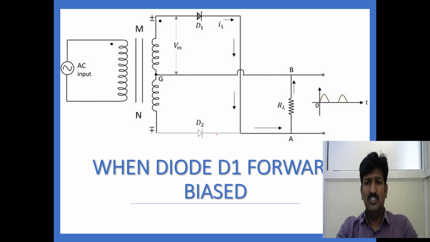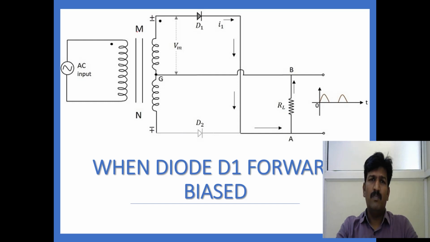When diode D1 is forward biased: when you have the AC input, it has a positive half cycle and a negative half cycle. When the input is in the positive half cycle, diode D1 becomes forward biased. Why?